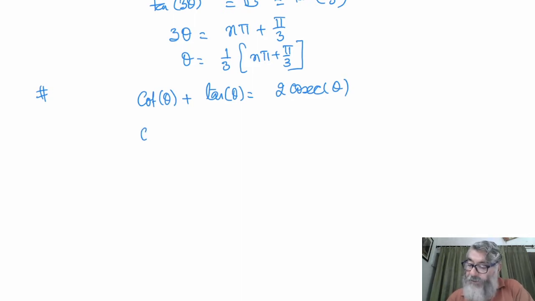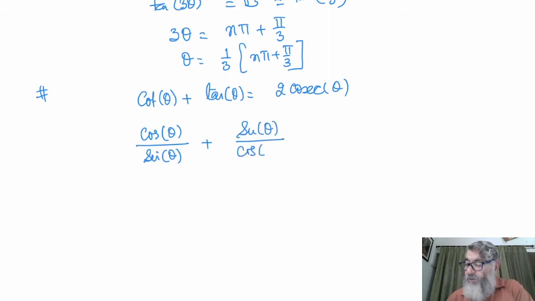So we will write it as cos theta upon sine theta plus sine theta upon cos theta is equal to 2 upon sine theta. So what will happen?